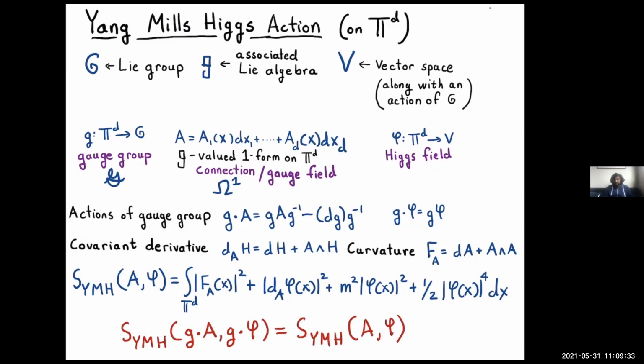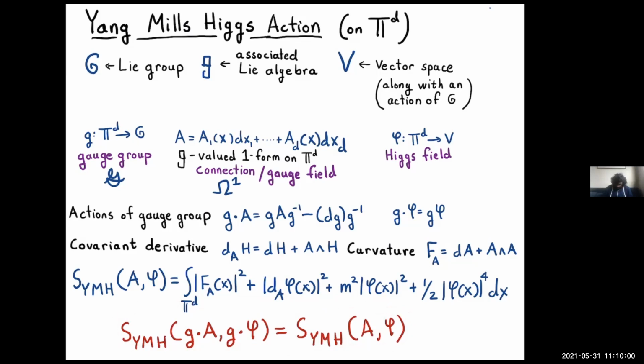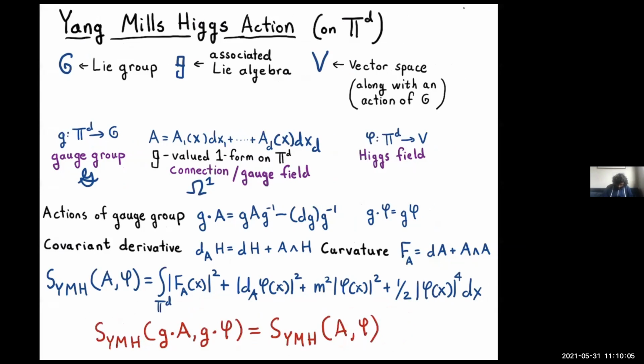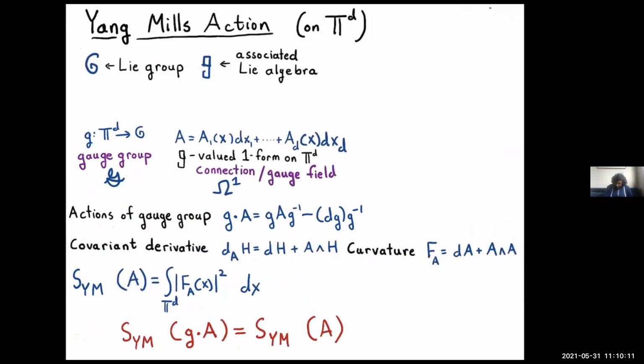So here, the action of the gauge group transforms a potential into a potential that is physically equivalent. And so our action is actually fairly degenerate. It's invariant under the action of our gauge group. It's a huge degeneracy because the gauge group is infinite dimensional.